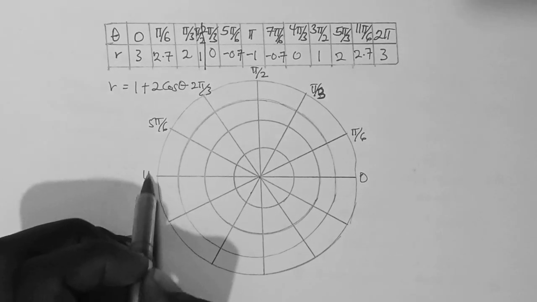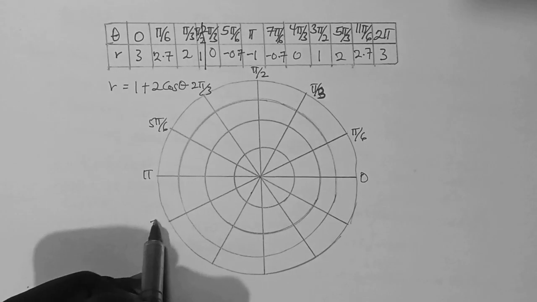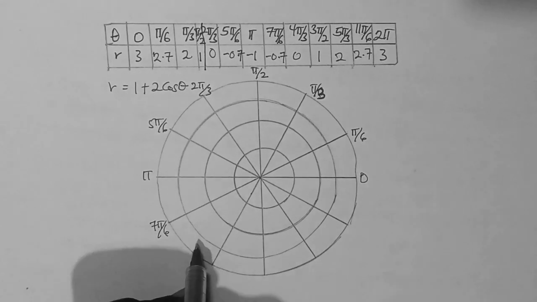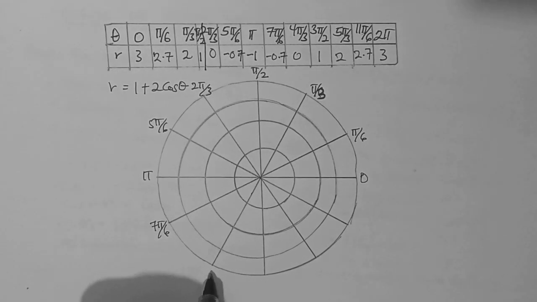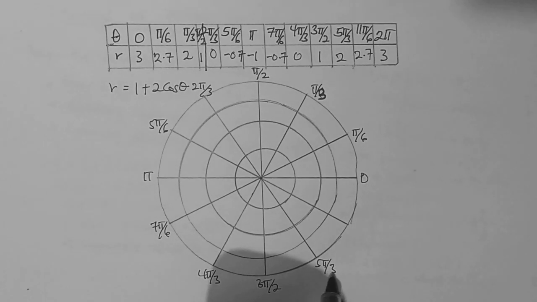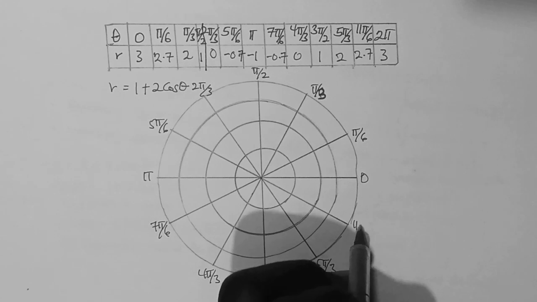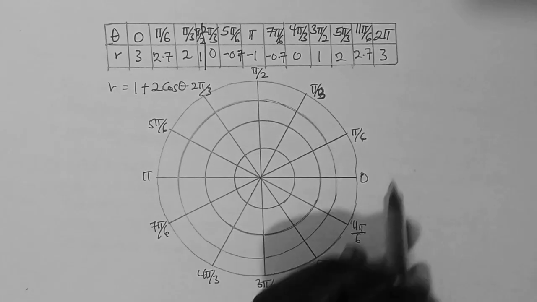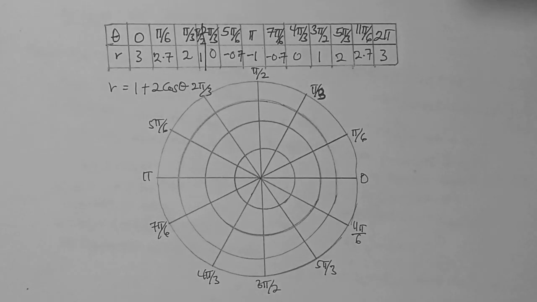Then we have pi here. We have 7 pi on 6. And here is 4 pi on 3, and 3 pi on 2, 5 pi on 3, 11 pi on 6. Then we'll come to 2 pi, which is the same as 0.